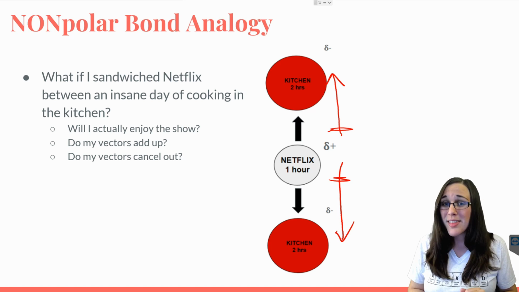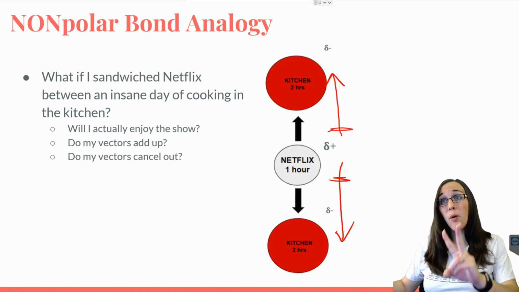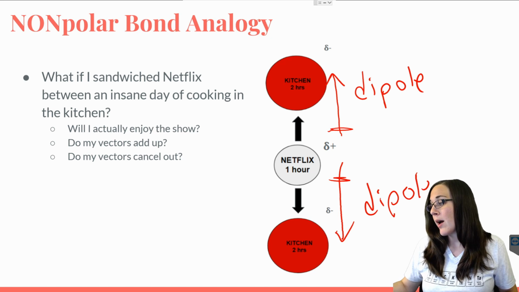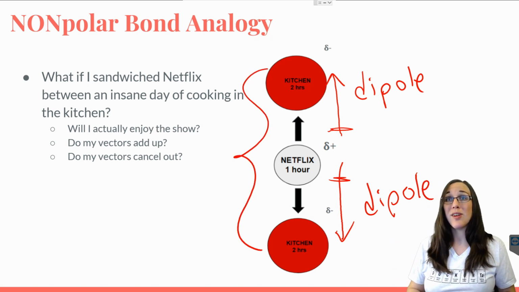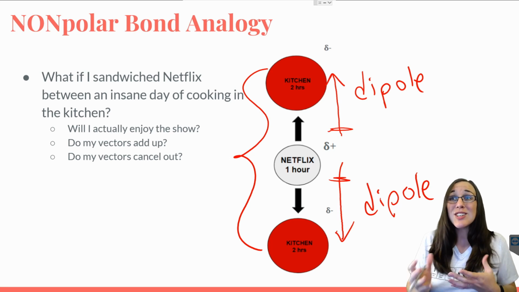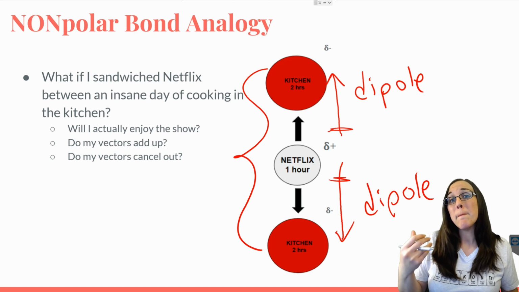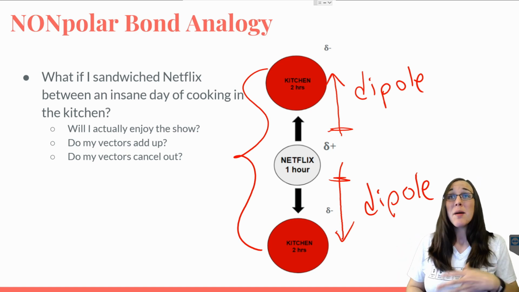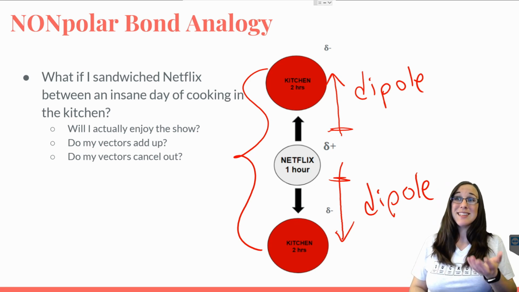So this is where it can get a little tricky. I do have two dipole arrows. I have a dipole here and I have a dipole here. However, for this whole molecule, they have canceled out. So overall, I have a net dipole moment, that's what we would call it, of 0, because my dipoles cancel out within the molecule itself.